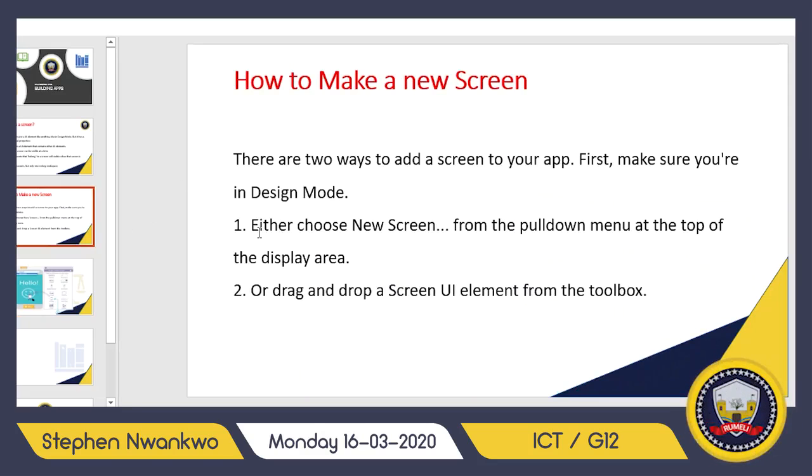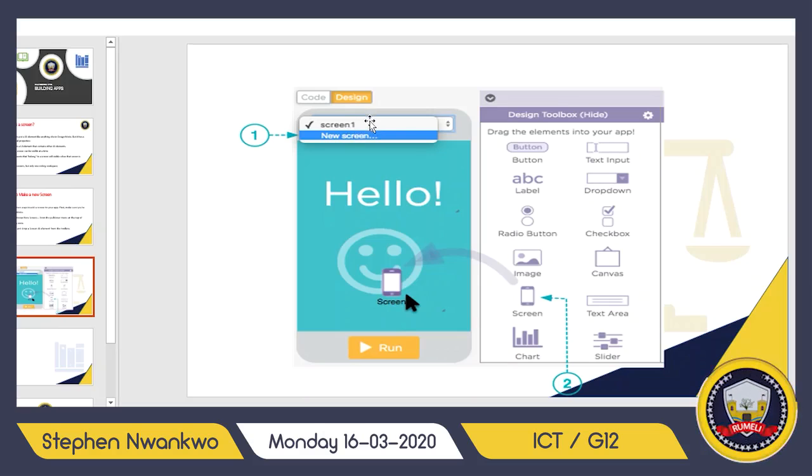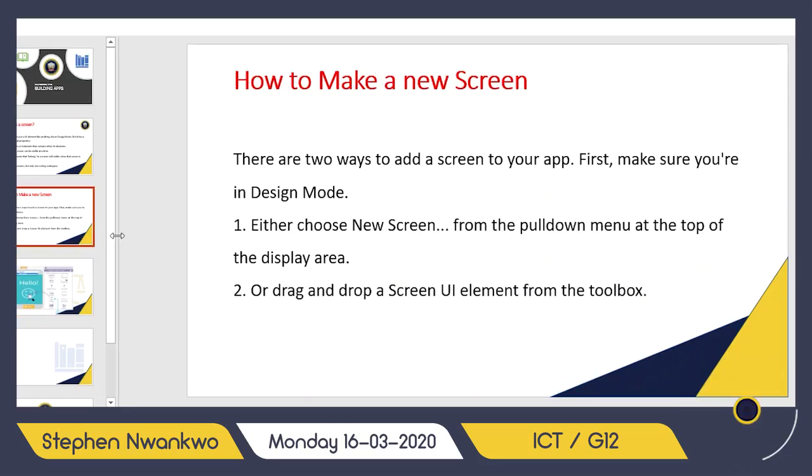Number one, either choose new screen from the pull down menu at the top of the display area. That is, you come over here, you click this pull down menu. This arrow you see here, it is the pull down menu. When you click it, you can select new screen, and thereby you can make your new screen. And also you can drag and drop a screen UI element from the toolbox.